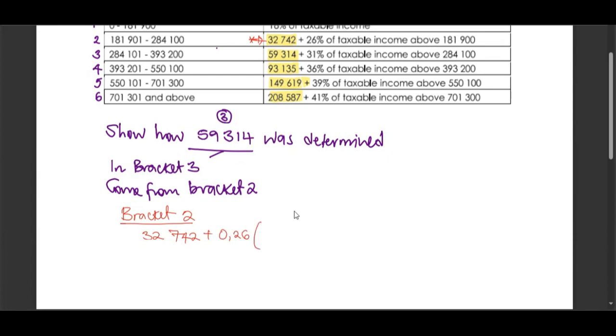Open brackets. Now, remember it asks you of the taxable income above 181,900. So what we're going to do is take the maximum value, this one here, and put it here.